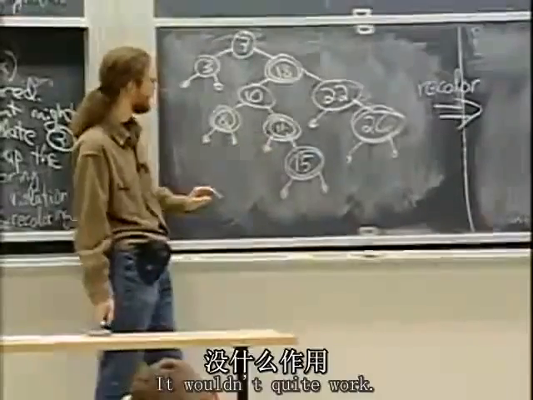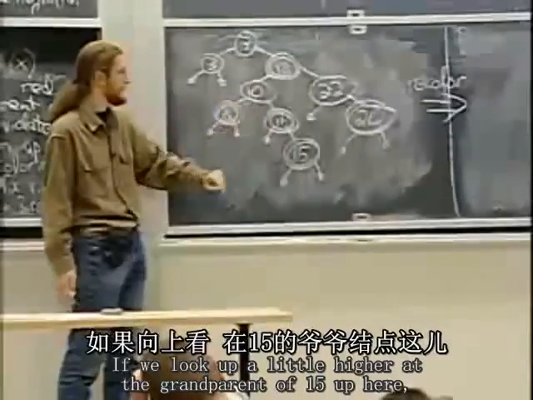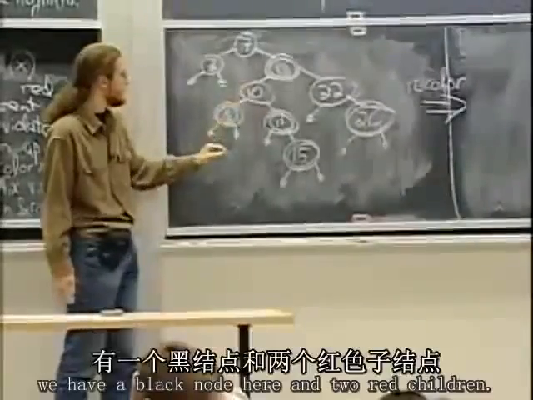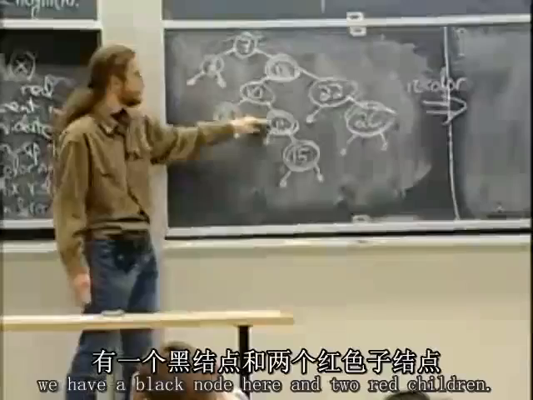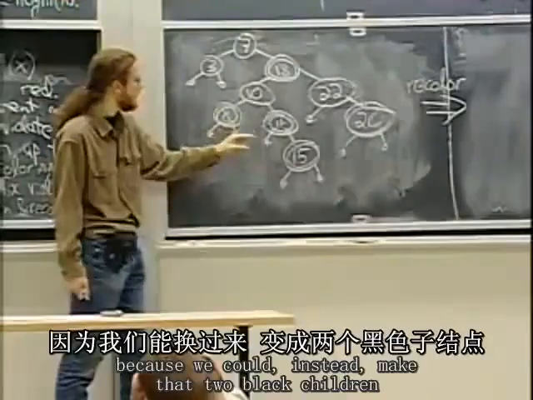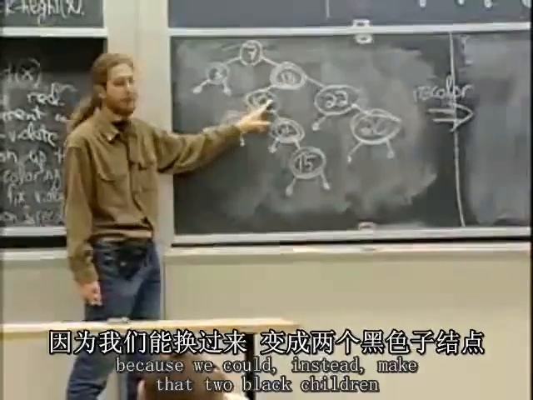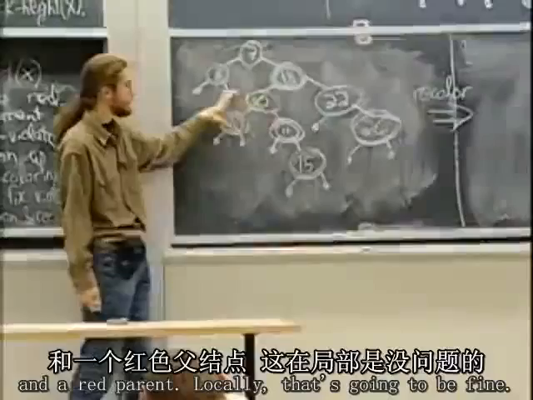It wouldn't quite work. If we look up a little higher at the grandparent of 15, up here, we have a black node here and 2 red children. That's actually pretty good news, because we could instead make that 2 black children and a red parent. Okay, locally that's going to be fine.